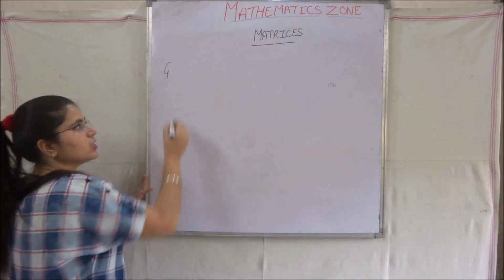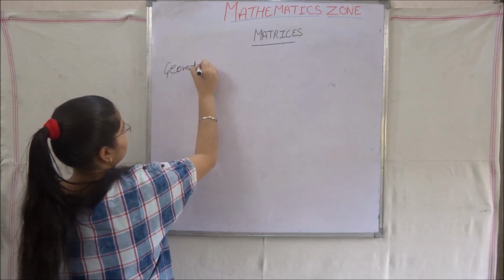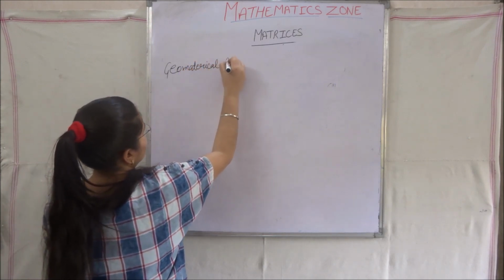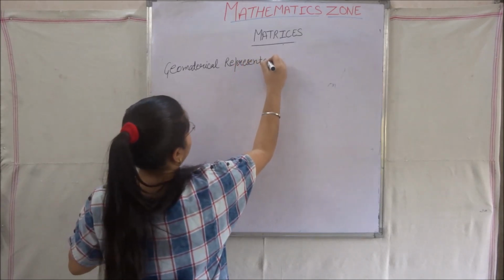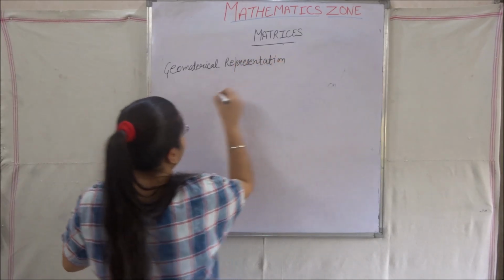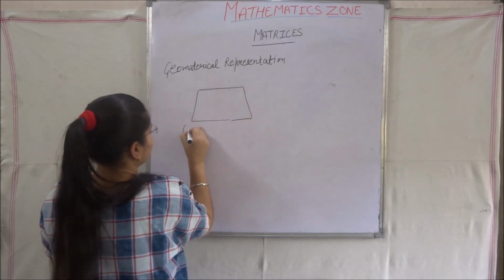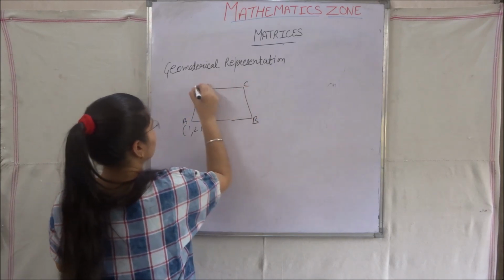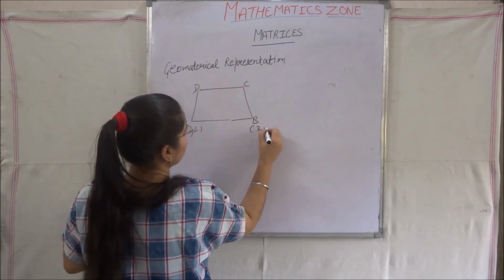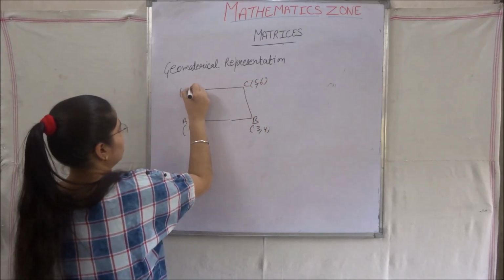Now we will do the geometrical representation. Suppose we have a quadratic form with the coordinates 1, 2, 3, 4, 5, 6 and 7, 8.